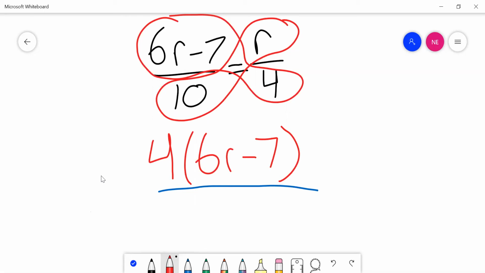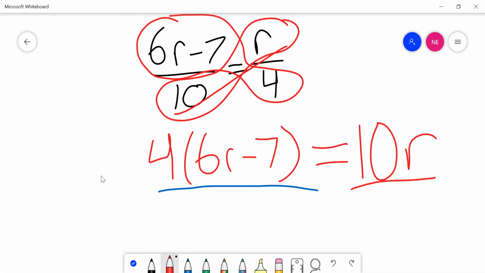So you would just add on, which equals what you have right here, 10r, because you're doing 10 times r. So over here, then you would multiply this 4 times 6r and 4 times 7.